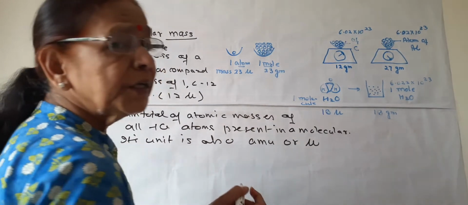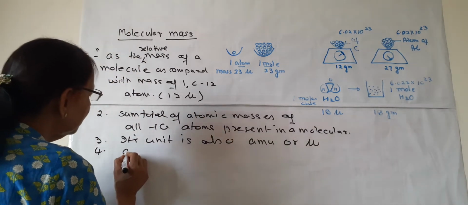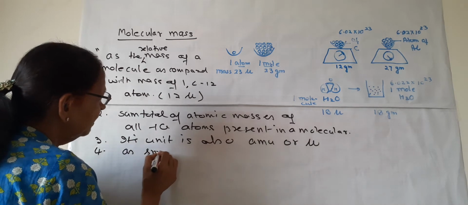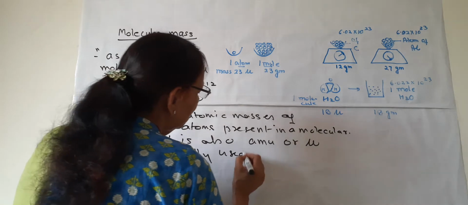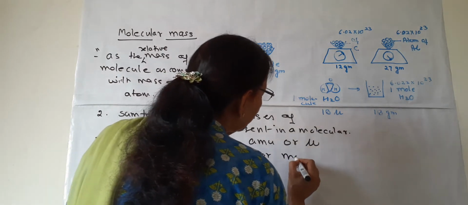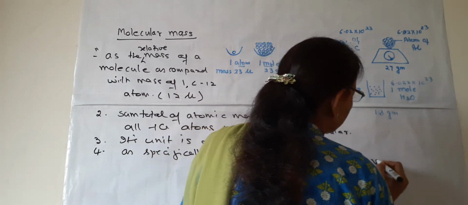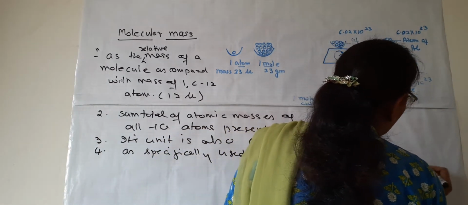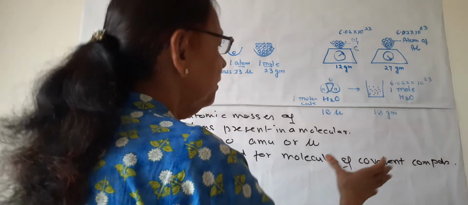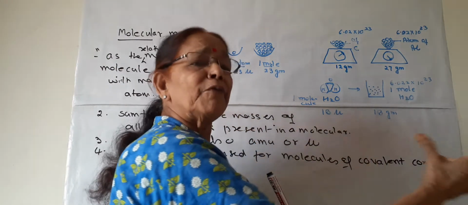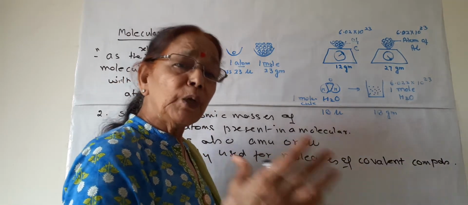And the next important thing is that molecular mass is specifically used for molecules of covalent compounds and not for ionic compounds. Covalent compounds form molecules, and ionic compounds form formula units.